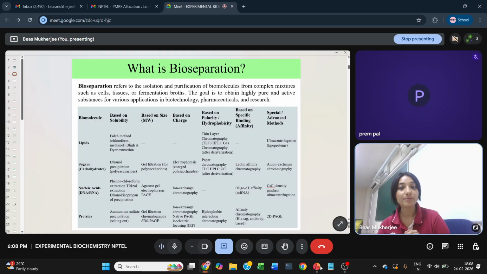For example, let's say a particular mRNA has a poly A tail. So what is poly A? Poly A means many adenines, around 250 adenines, at the tail of the naturally occurring mRNA.